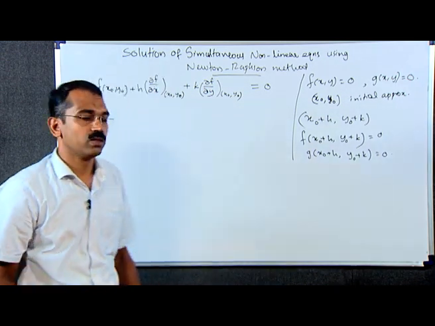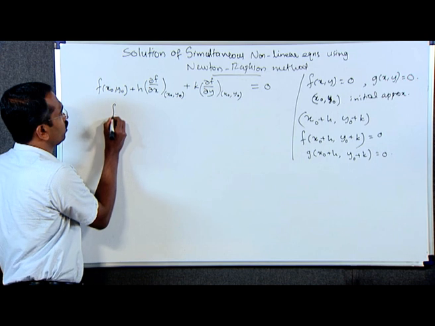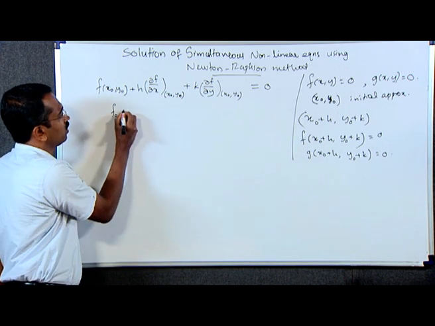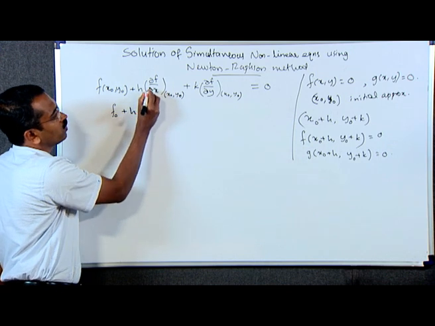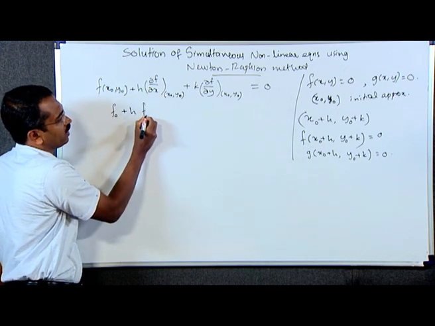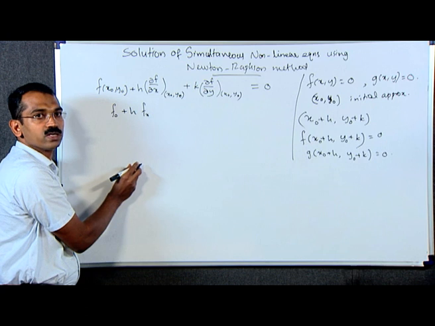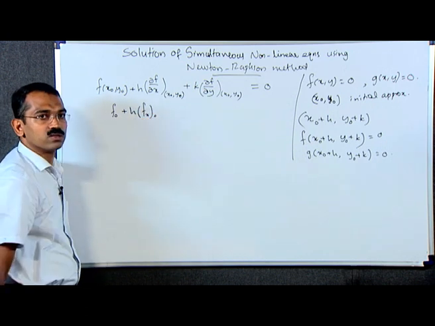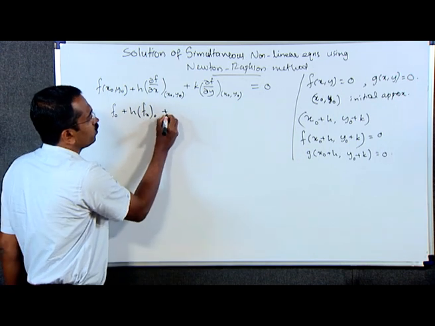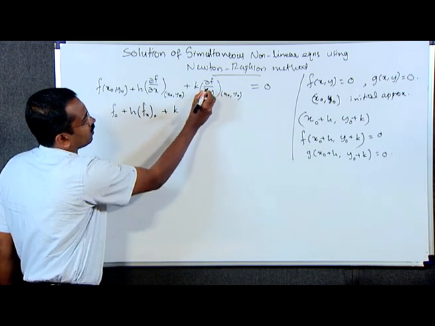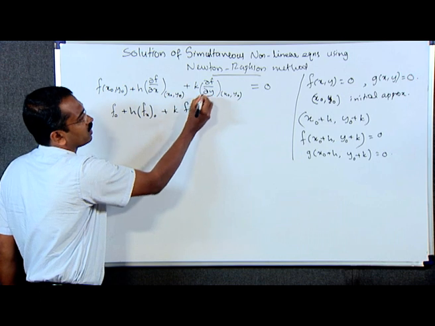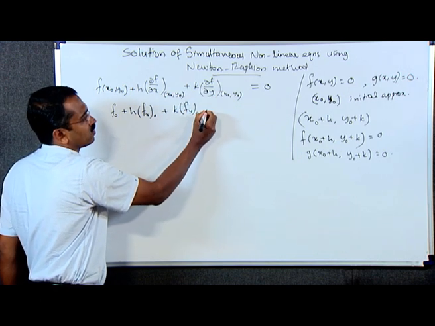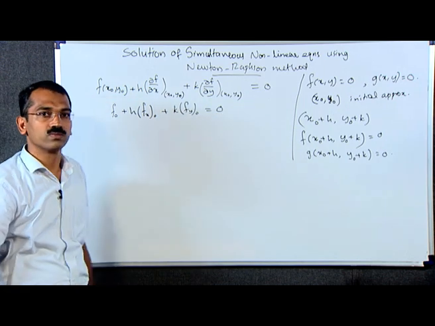That is f0, we use the notation f0 for f(x0, y0), plus h into fx, we use the notation fx for the partial derivative of f with respect to x at (x0, y0), plus k into fy at (x0, y0), that is equal to 0.